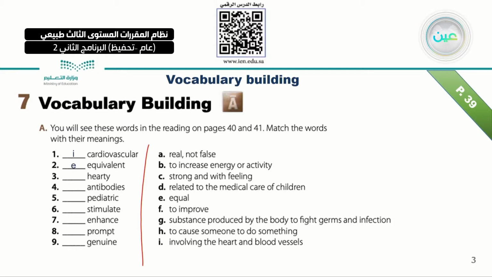Equivalent means equal. Number 3, hearty, which is strong and with feeling. Number 4, antibodies, and the answer is G, a substance produced by the body to fight germs and infection.